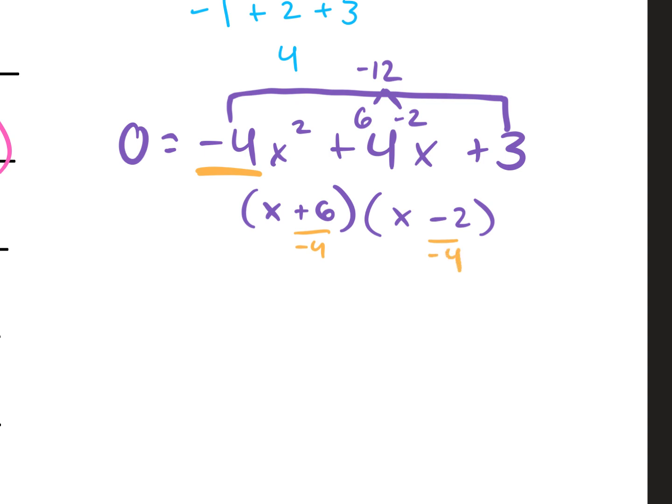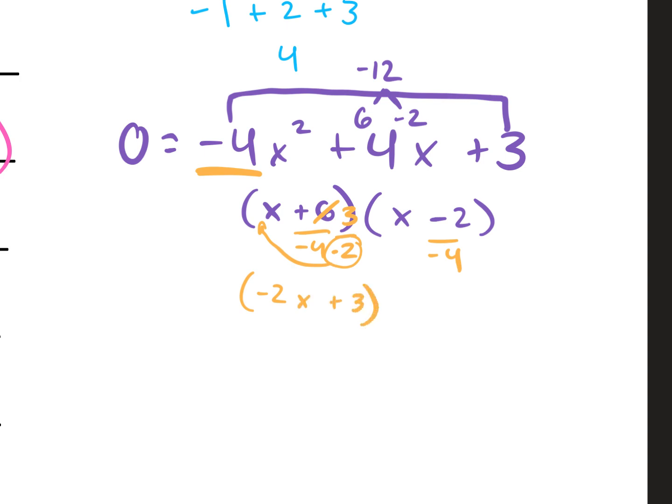Now we have to be careful with our signs here because one of the signs is going to go forward to the x, the other one isn't. So when I simplify 6 over negative 4, I'm going to simplify it to 3 over negative 2, and the negative 2 is going to go in front of the x.